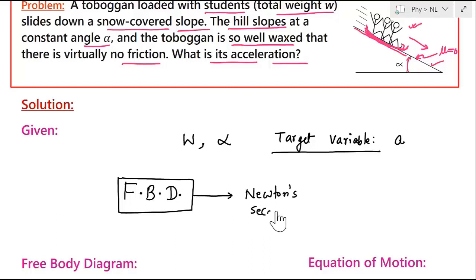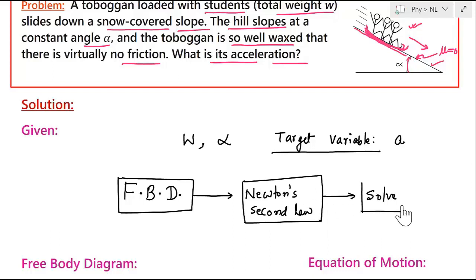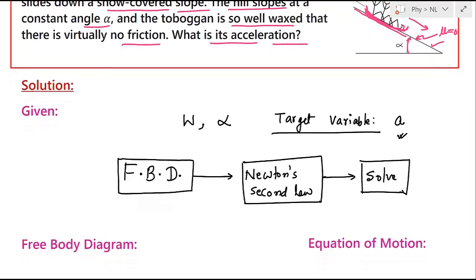That is, you can write the equation, and then finally you have to solve this equation and get the unknown, and in this case the target variable or unknown is the acceleration of this toboggan. So let us try to draw the free body diagram first.